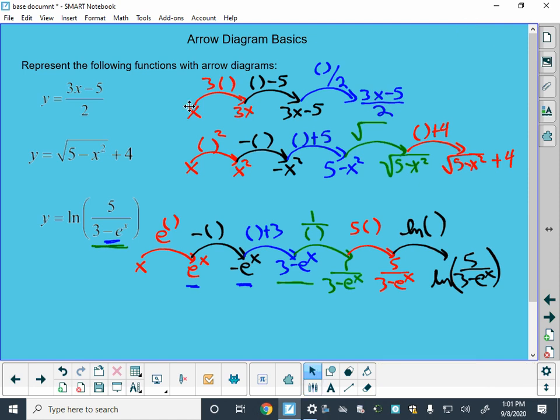Eventually here, the 5 over 3 minus e to the x shows up in my original problem. I can always point to some place in there where that showed up in the original problem. So that's the basics and some of the tricks of a couple of places on how to make arrow diagrams.